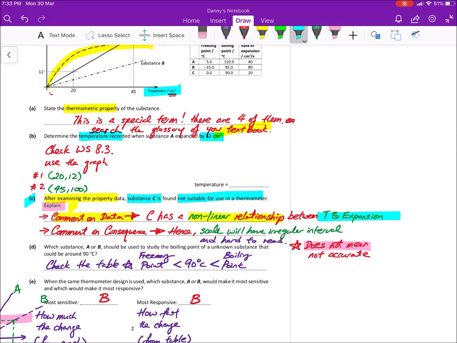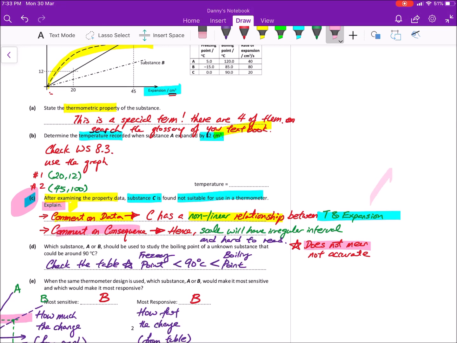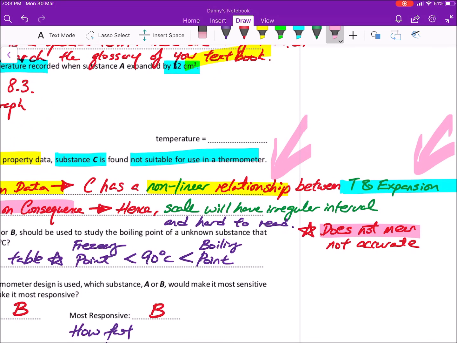Okay. The next thing you need to do when answering question C is that you need to let me know the consequence. What's the consequence of having a non-linear relationship is that your scale will have irregular intervals. And please, having irregular intervals doesn't mean that it is not accurate. That is not true.